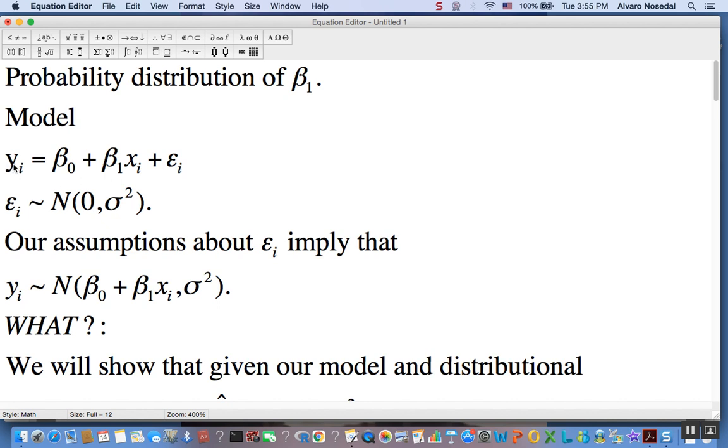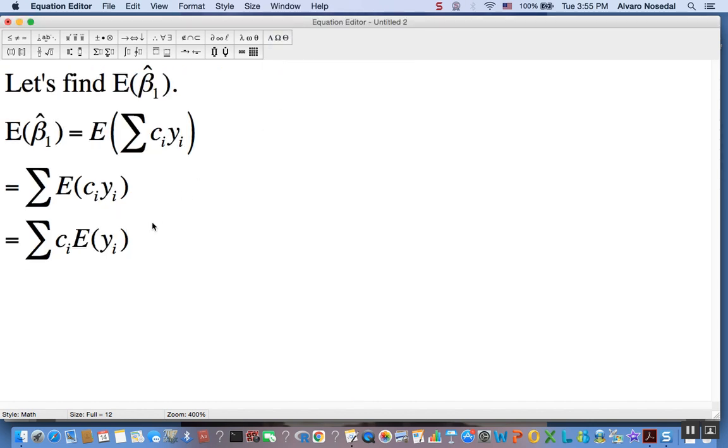Well, the expected value of yi happens to be, when you take the expected value here, this is a constant, beta 0 plus beta 1 xi, expected value of a constant, and the expected value of epsilon i is 0. So the expected value of yi is just beta 0 plus beta 1 times xi. You guys agree? Okay, let's keep going.